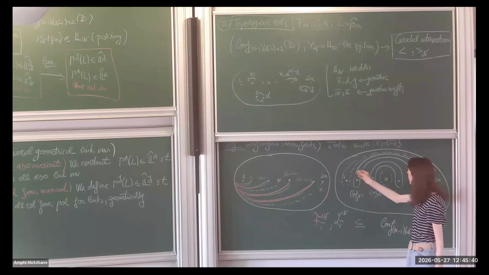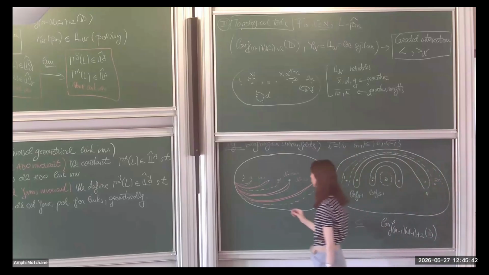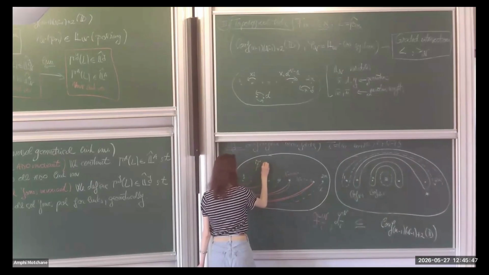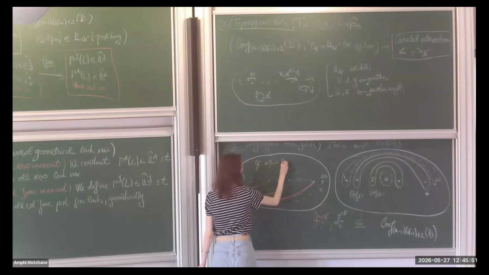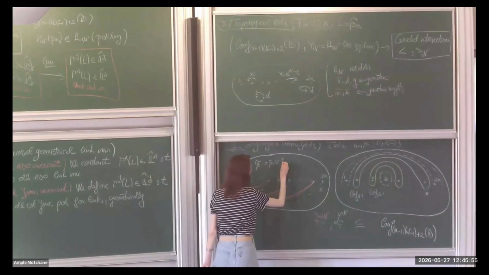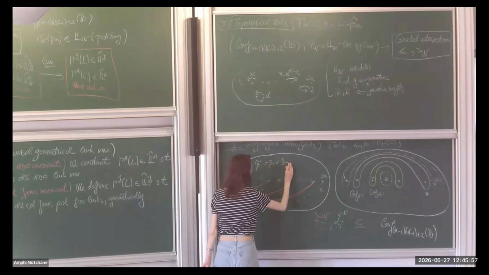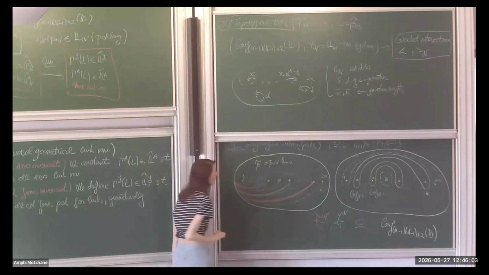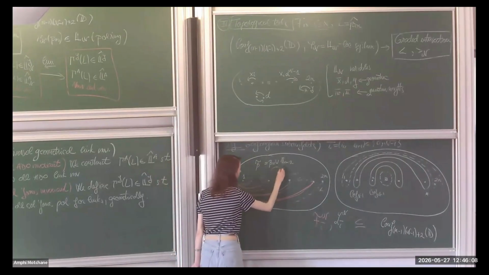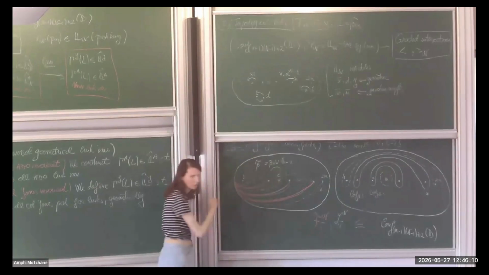So if I take my braid beta with n strands, I can consider beta tilde, which is beta, where I add a triple braid with n minus strands. Now I have an action of this beta on the punctured disk.